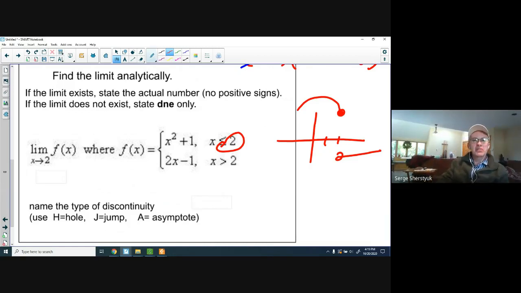So I'm literally going to just plug in 2 in here. So this becomes 5, right? 2 squared plus 1. And now if I plug 2 in here, what is that going to become? 4. So it's 3, right?